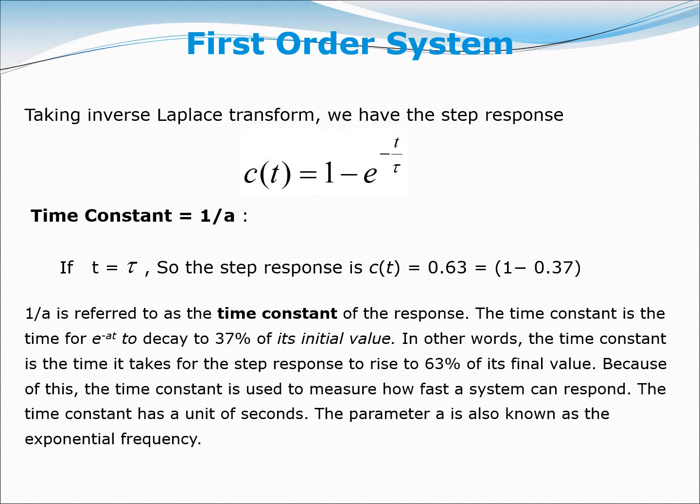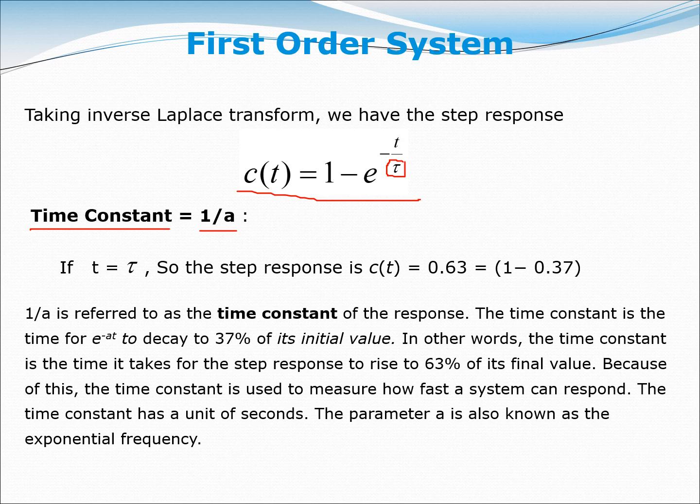Next, from the previous equation, we take the inverse Laplace to obtain C of t. This is the important characteristic of the first order system, where we have this tau, after you do the inverse Laplace. This tau is basically a time constant which equals 1 over a. I repeat, the time constant tau equals 1 over a.